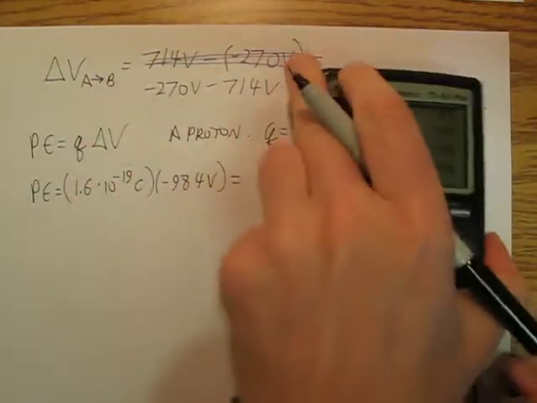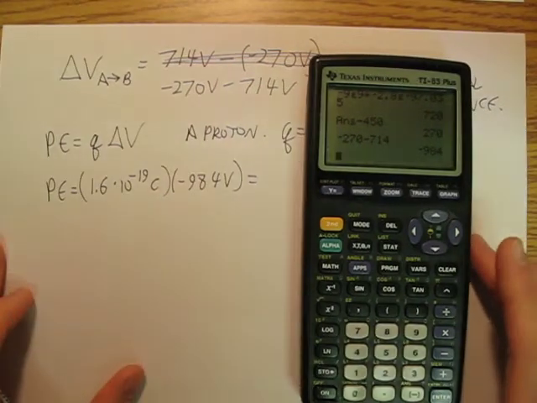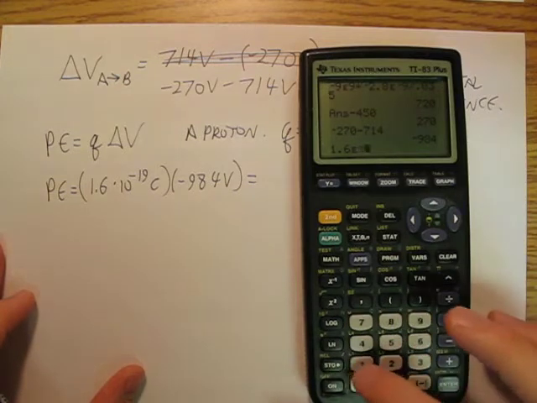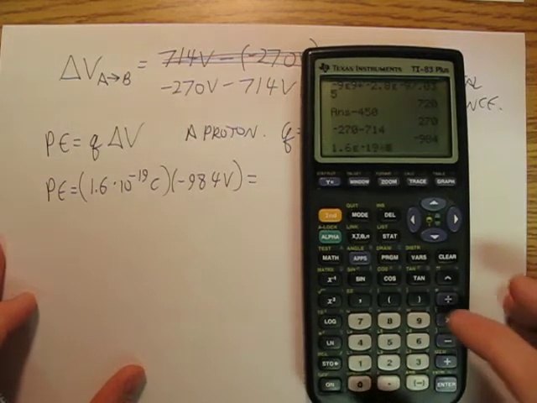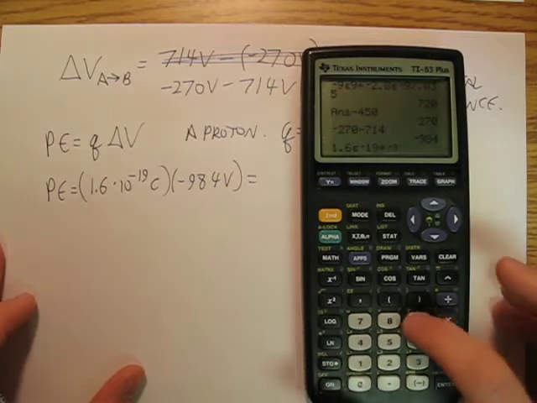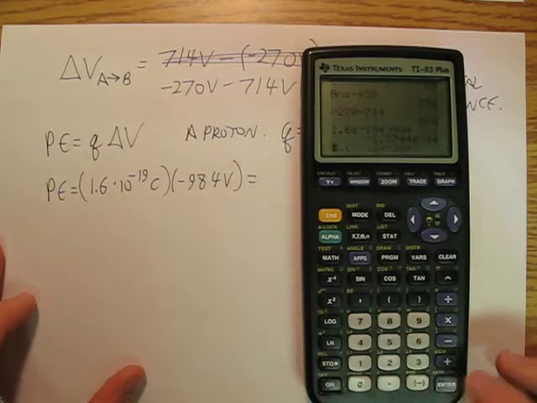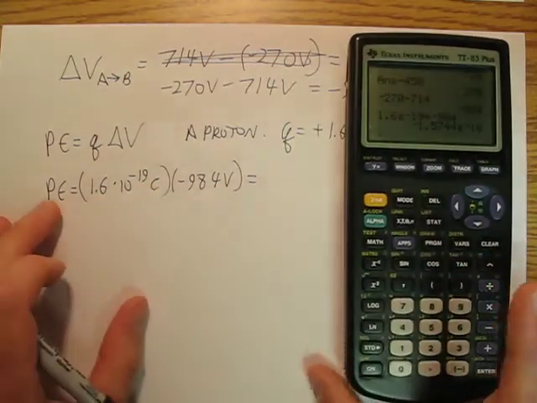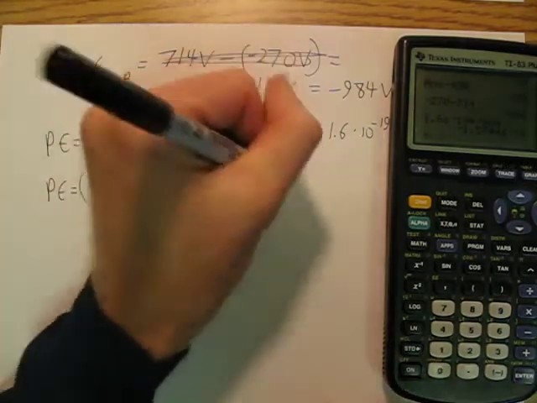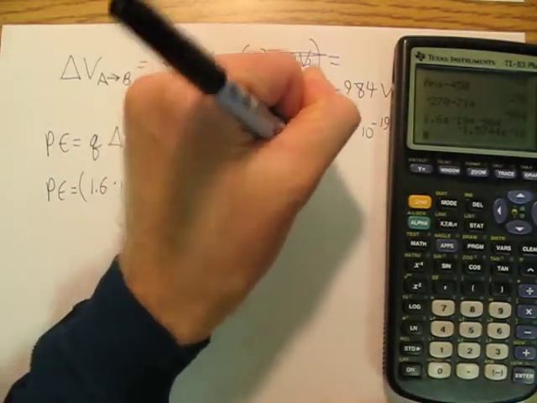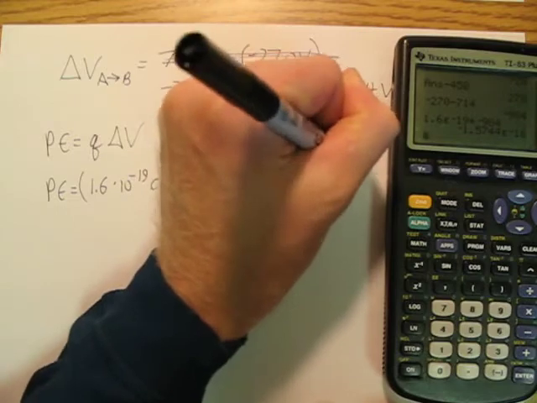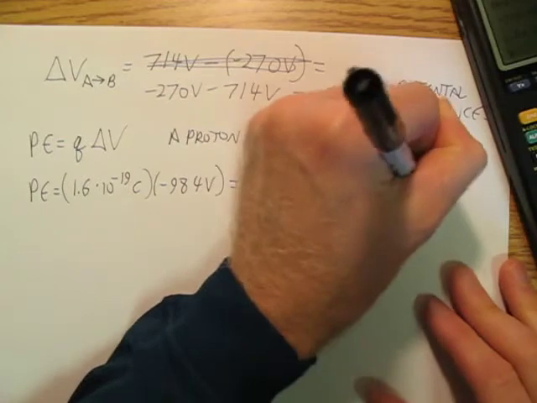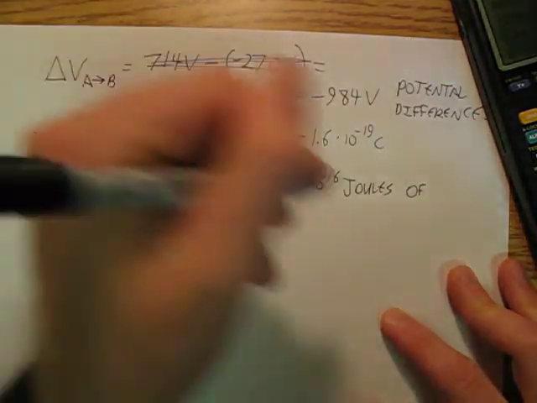And this is kind of where units really break down. If I was a better physics teacher, I would force you guys to go through and do all of the units. But I'm just going to say coulomb volts is a potential energy, so it's going to be joules. So it's going to be negative 1.57 times 10 to the negative 16th joules of energy.